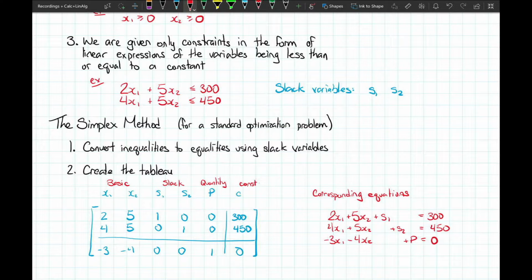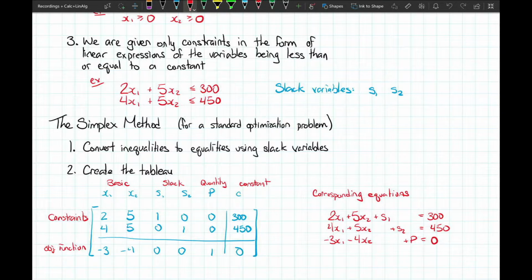And remember that when we have a column of constants, we always separate with a vertical divider. And then we've got our two constraints at the beginning two rows with a vertical divider followed by our objective function. And I've written out the corresponding equations here on the right, turning the two inequalities into equations by letting S1 and S2 be the amount unused by x1 and x2.